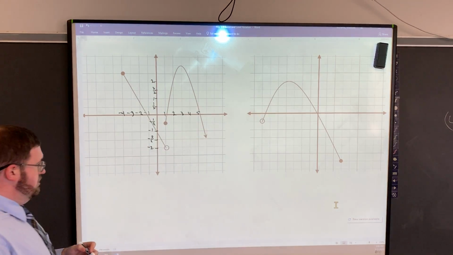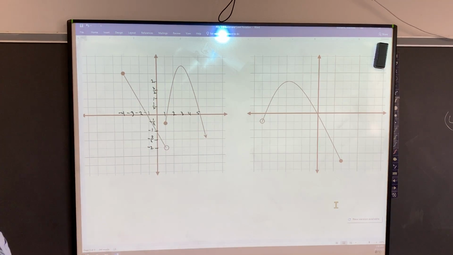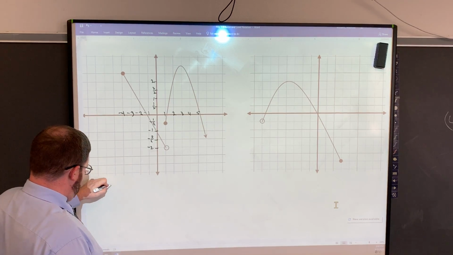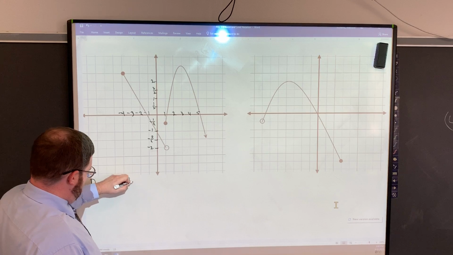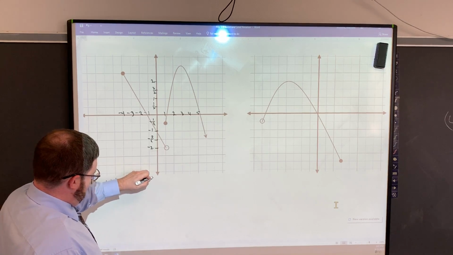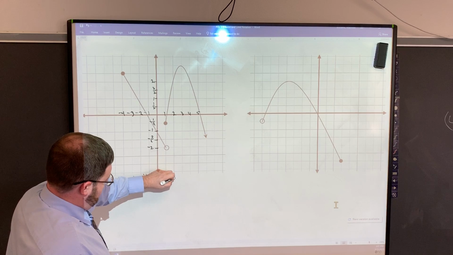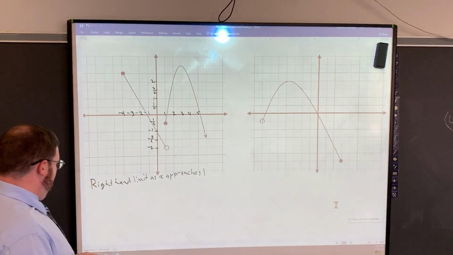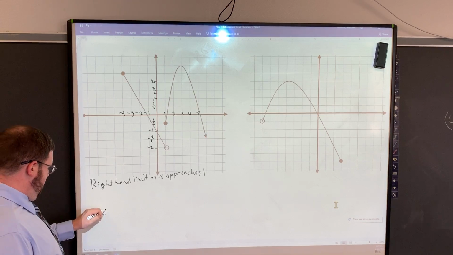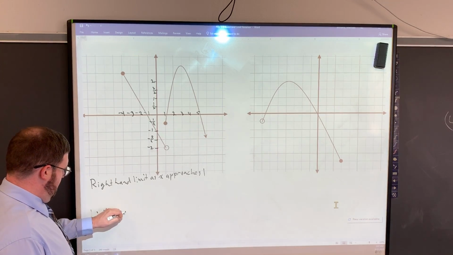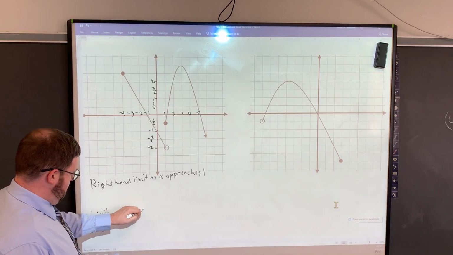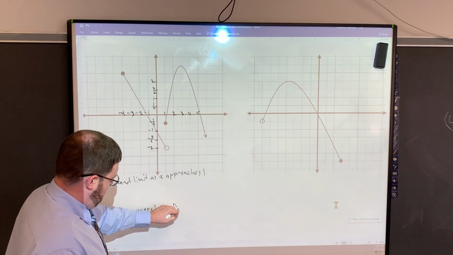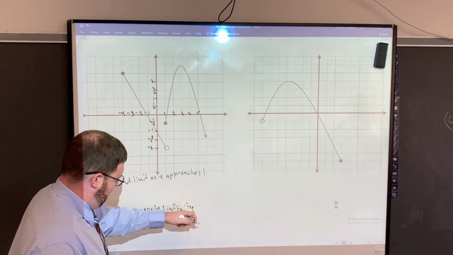Okay. So I'm going to do actually 2 on this. I'm going to do right-hand limit as x approaches 1, and then I'm going to do the limit as x approaches infinity.